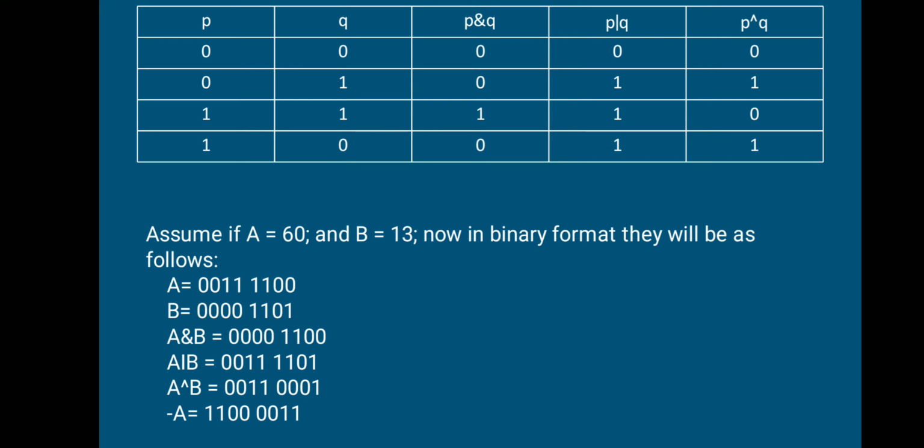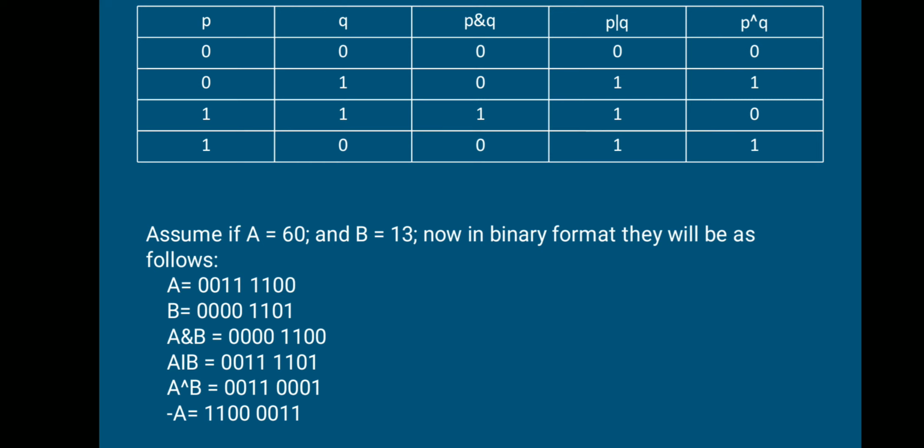When I apply A and B, the 60 and 13 are converted into bits, and on the bits the AND operation is applied. When the AND operation is applied, only when both are 1 will I get 1. So here, you'll get 1 only in two places.